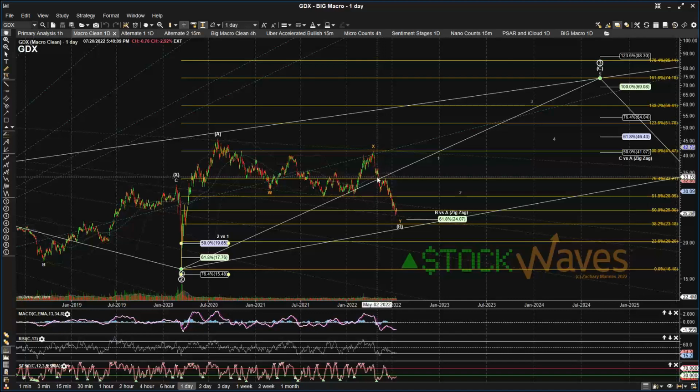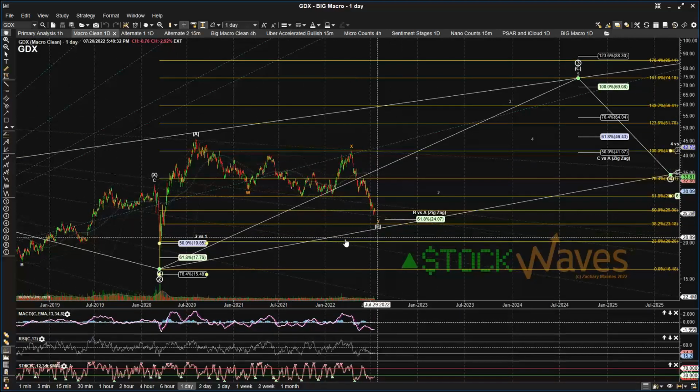When that couldn't hold the support region, we started saying that this could have been a larger correction for the B wave and started looking at it breaking the October and December and January lows. Since then, we are stretching down as the A, B, and C wave of Y, with the 24 region having a lot of Fibonacci confluence that we will look at on the smaller time frame in just a minute.